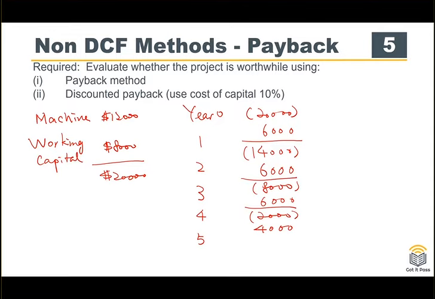So it's between 3 and 4 years, more than 3 years but less than 4 years. In practice, we have 3 years plus.